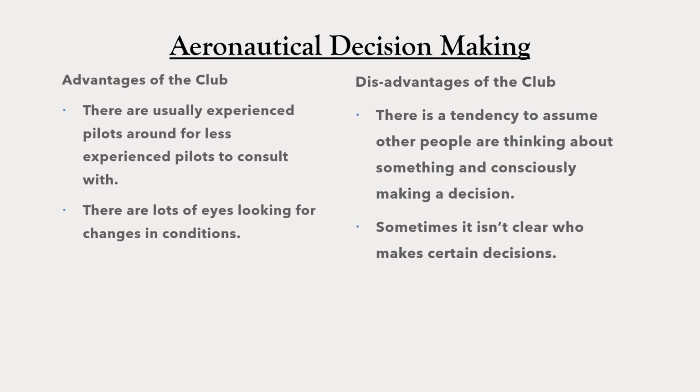But maybe the tow pilot thinks the officer of the day is making that decision, and the officer of the day thinks the tow pilots or the instructors are making that decision, and nobody makes it because everybody thinks somebody else is making it. We have to be wary that that can happen.